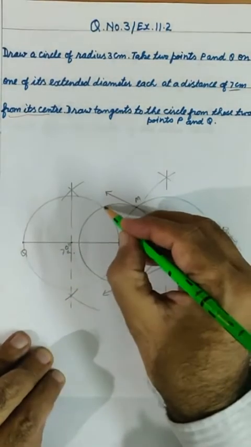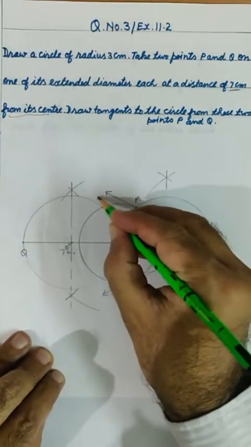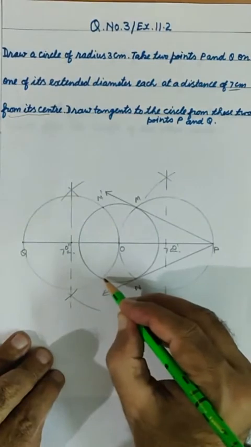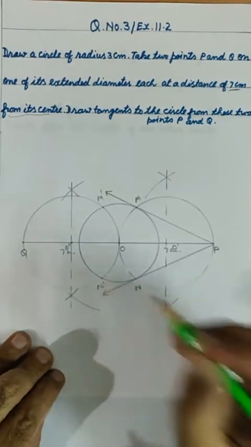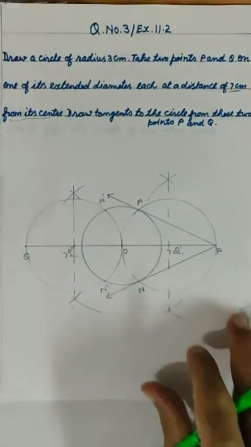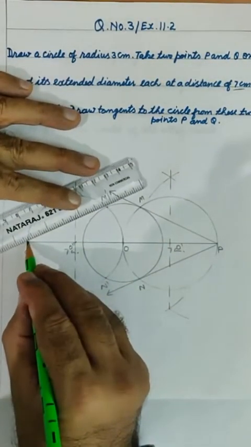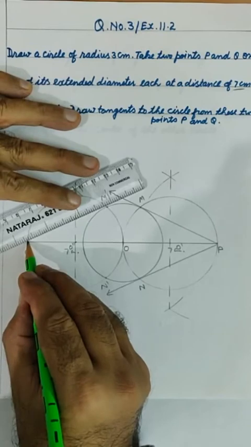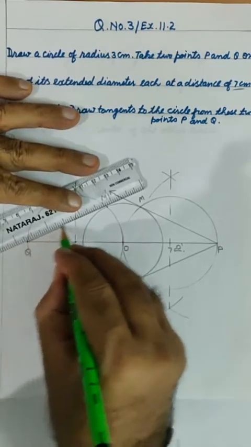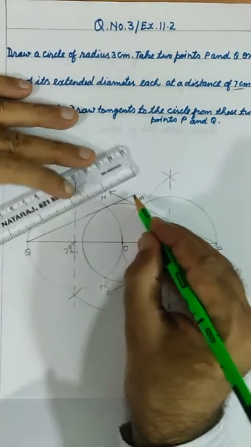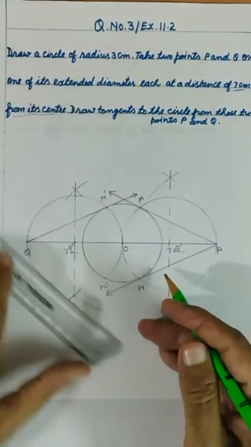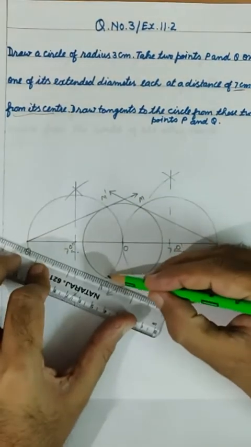What do you get? You got M dash and N dash. Then join Q with M dash and then Q with N dash.